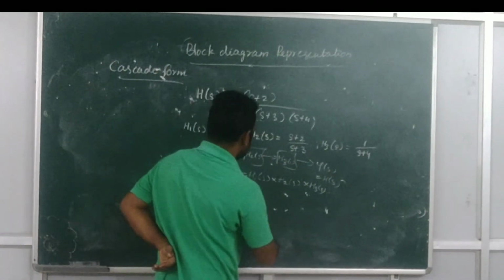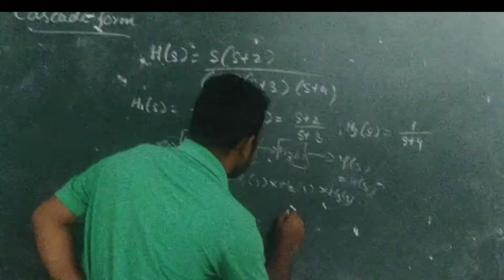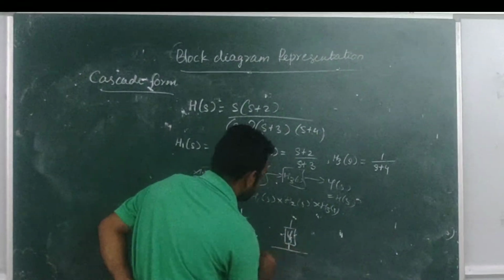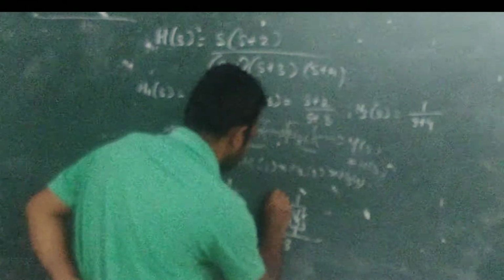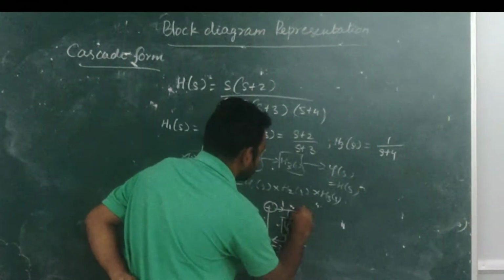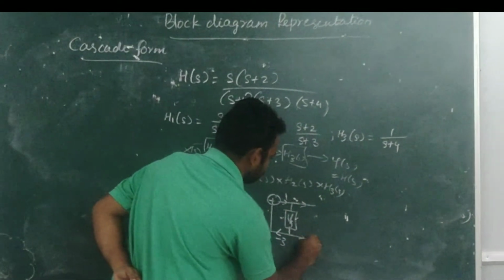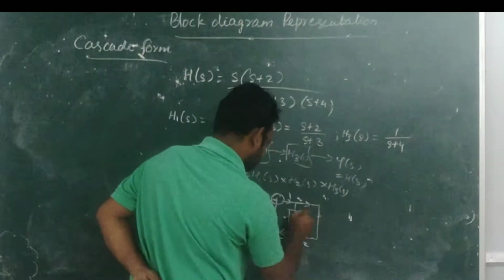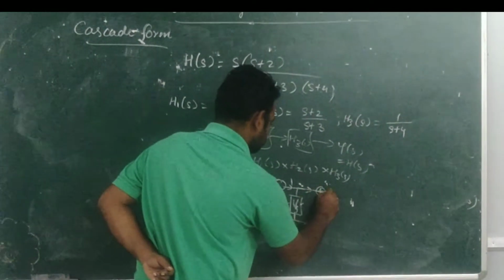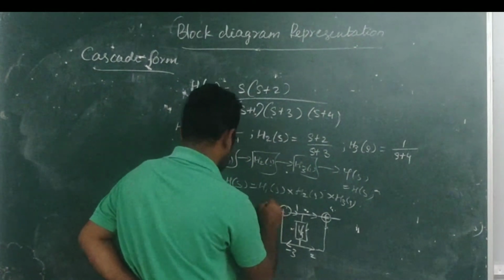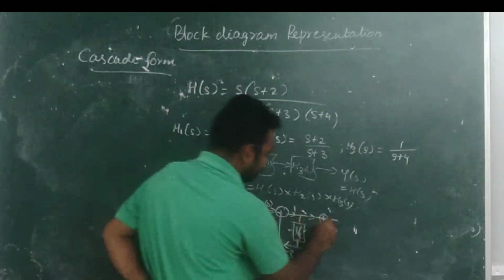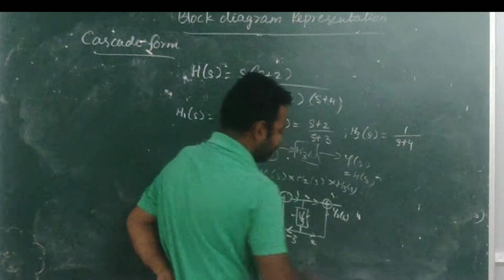Now we are considering the second system. So 1 by s, here minus 3. This is x2 of s. This you can consider as y2 of s.